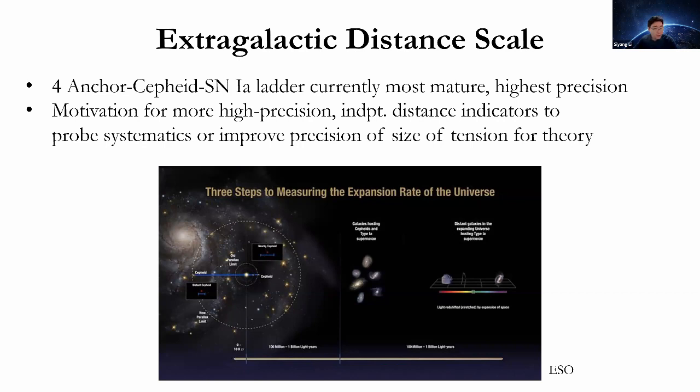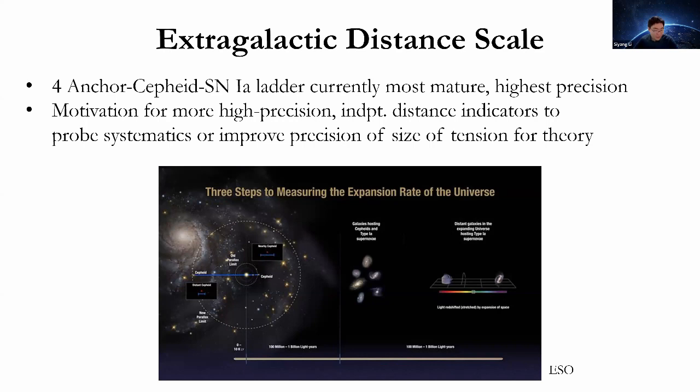With the geometric distance, as well as observation of Cepheids, we can then obtain the intrinsic luminosity of the Cepheid. We can then use that information to measure distances to galaxies that host both Cepheids and type Ia supernovae, to use the Cepheid distance to calibrate the intrinsic luminosity of a supernova. We then use that information to measure distances to further galaxies in the Hubble flow to measure H-naught.